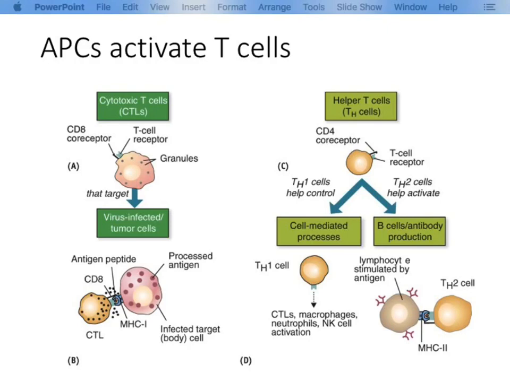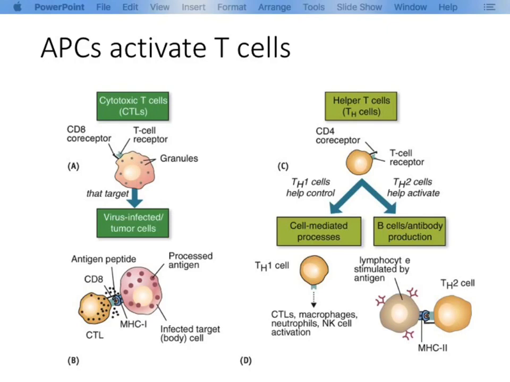Whenever they bind to a macrophage or a professional antigen-presenting cell that has that same exact antigen on it, loaded in MHC2, what that T helper cell is going to do is just start secreting cytokines left and right. And in doing so, those cytokines activate or turn on or enhance the activity of the phagocytes, the neutrophils and macrophages. Increase the killing capacity of cytotoxic T cells and NK cells as well.